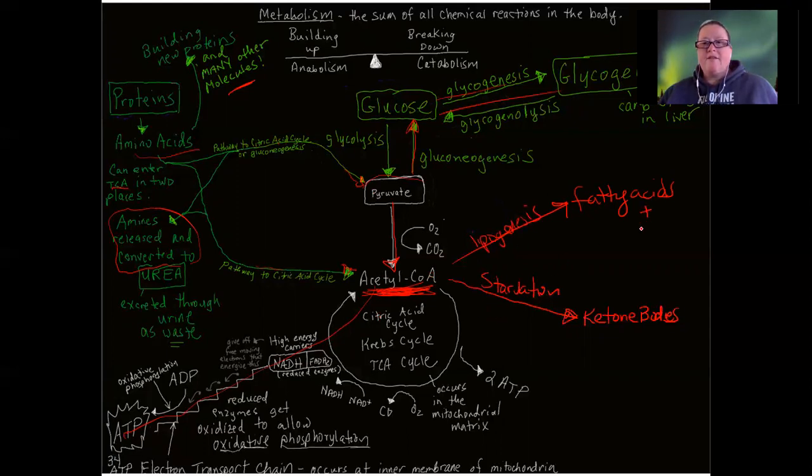And those fatty acids can combine with glycerol to produce those triglycerides, which get stored as adipose. So there are all of these different pathways that the amino acids and protein can end up taking.